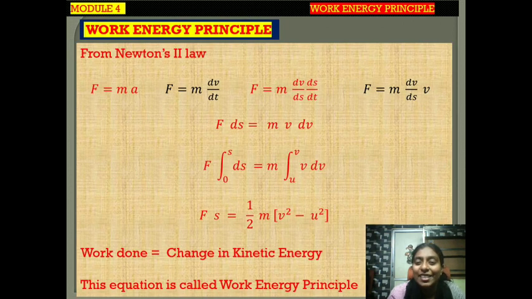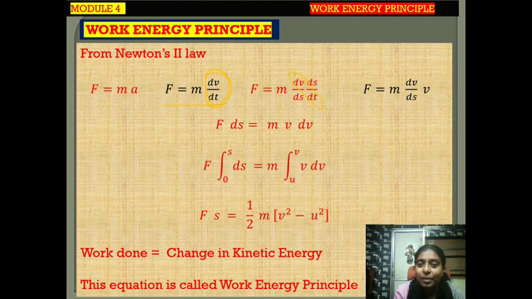Now, the work energy principle. Again we are applying Newton's second law. We know force is equal to mass into acceleration, so force is equal to mass into dv by dt, since acceleration is dv by dt.